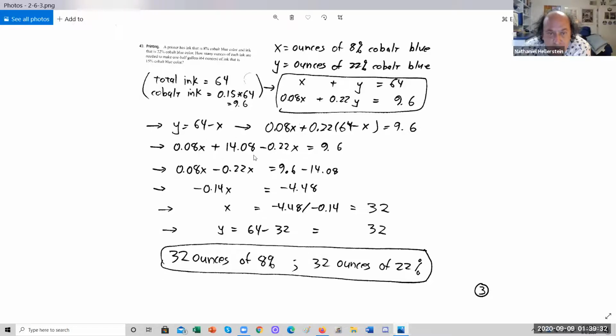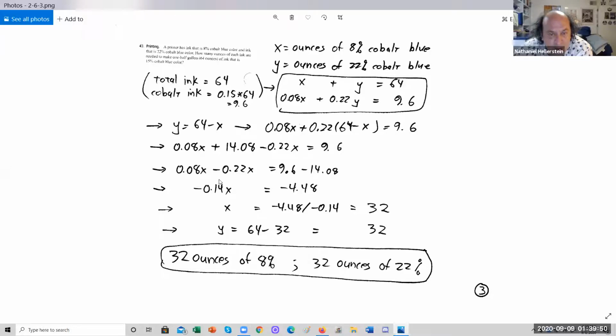Next step, transpose the 14.08 by subtracting from both sides. So you get 0.08x minus 0.22x equals 9.6 minus 14.08. The left side is minus 0.14x. The right side is minus 4.48.